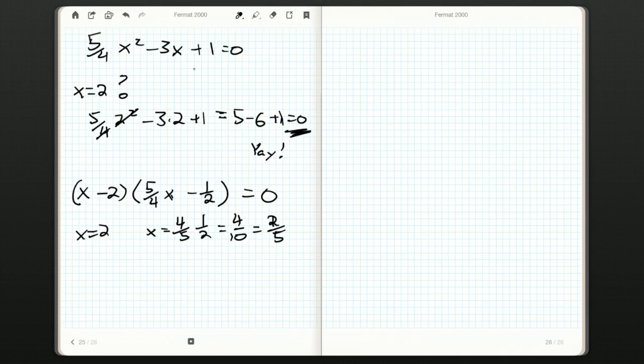So yeah, these are our two values. And y is equal to 1/2 of x. So B is going to have coordinates x is 2, and then y is a half of x, so 1. And A will have coordinates 2/5 and 1/5. Okay, so that's very quick, very simple, and now we have A and B.